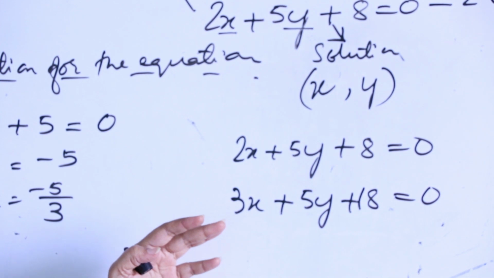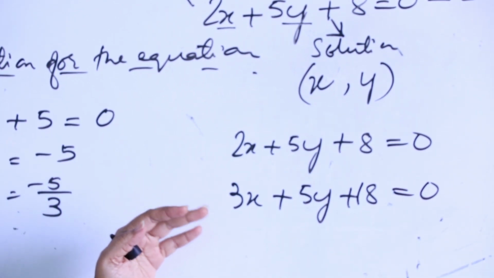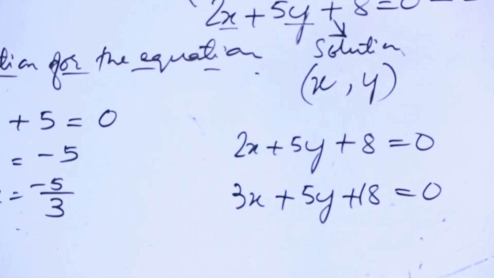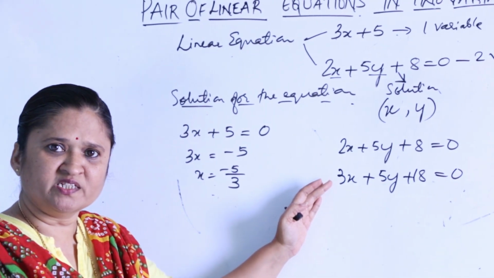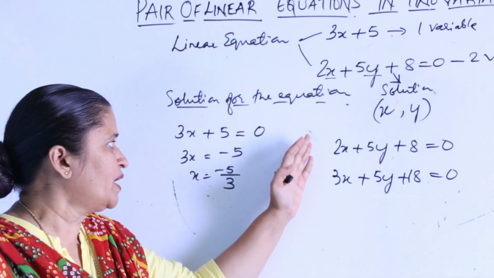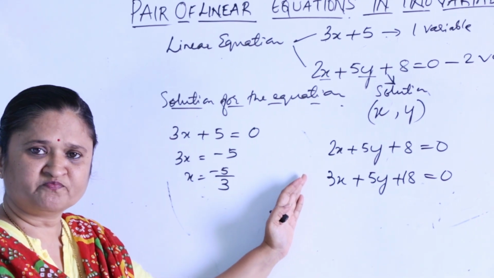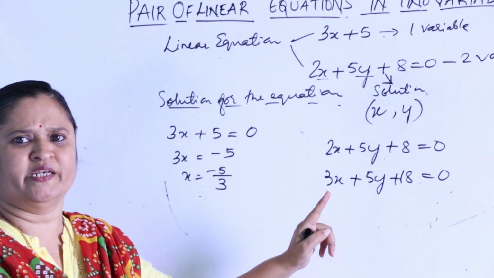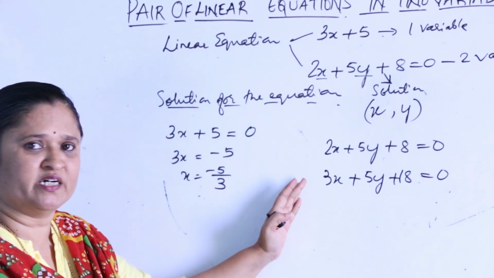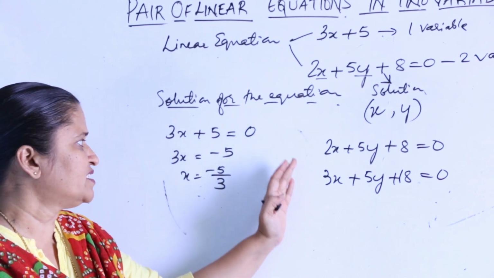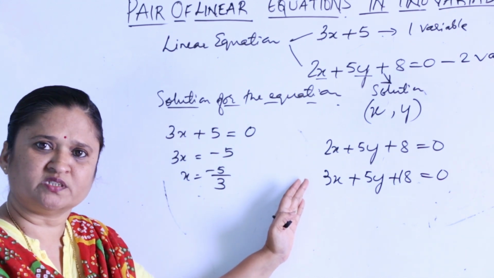There could be a situation where there are many such pairs which will make both the equations 0. That means which can be applied to both the equations, or there can be only one such pair which can be substituted here and make the values of these equations 0.